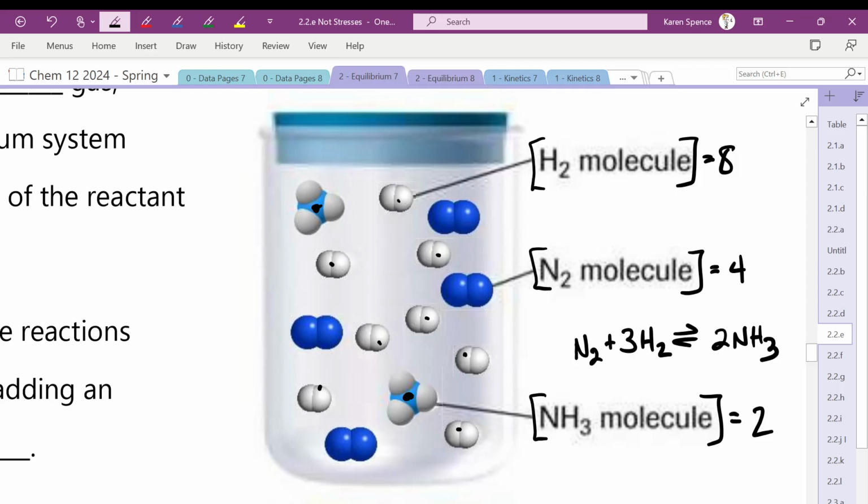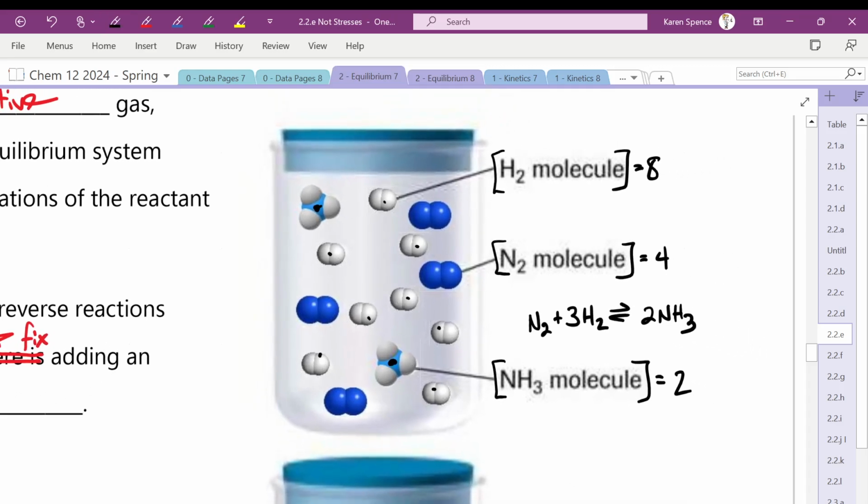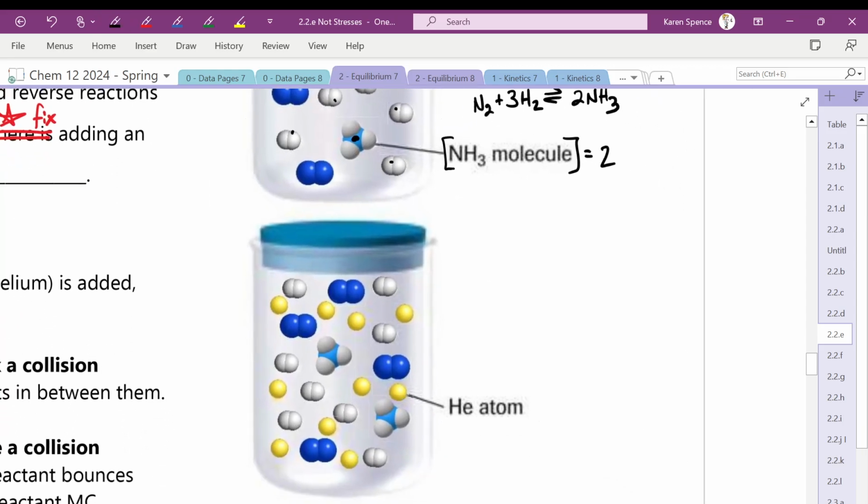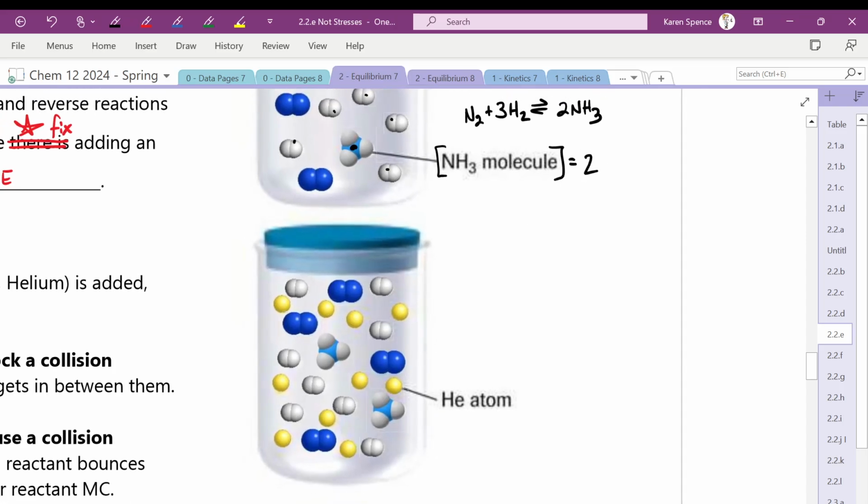Okay? Now, when we add some helium, what have we done to the total pressure? The total pressure increases.